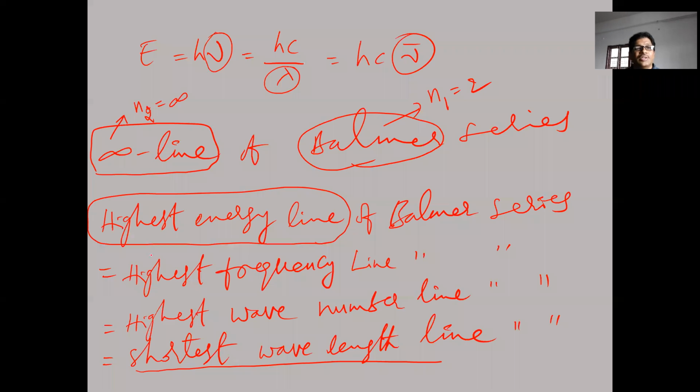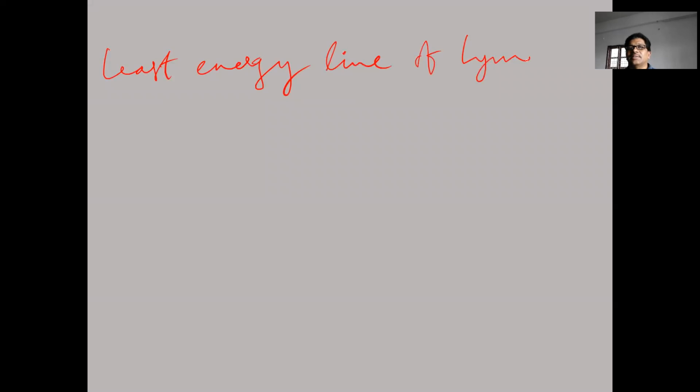Yeah. Next, lastly, what we have to understand now. Previously we have taken the highest energy. Now we take least energy. Suppose I am taking the least energy line, that is the spectral line, of the Lyman series.